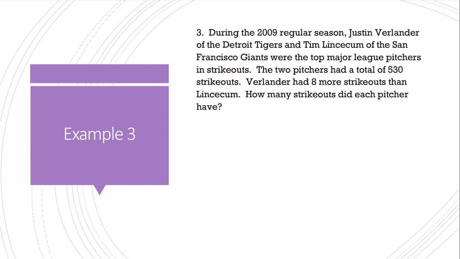So the first thing I know is that Verlander and Lincecum together had a sum of 530. I also know that Verlander had 8 more strikeouts than Lincecum. So Verlander would be equal to Lincecum if we give Lincecum, I don't know if I'm pronouncing that right, an additional 8.